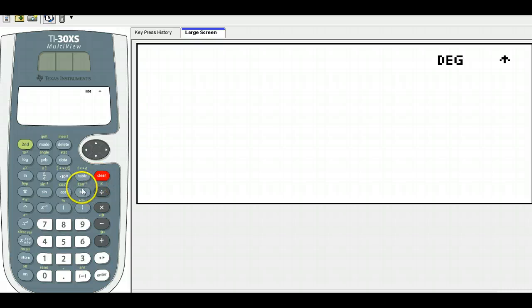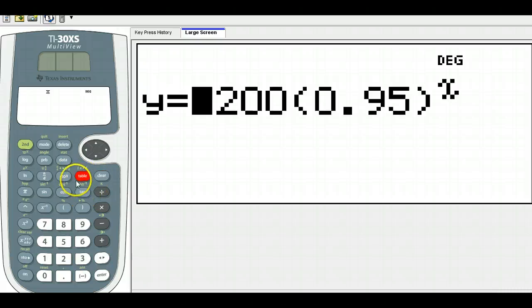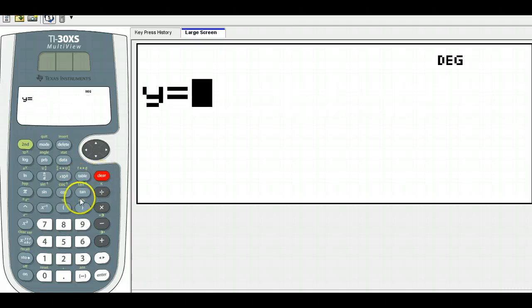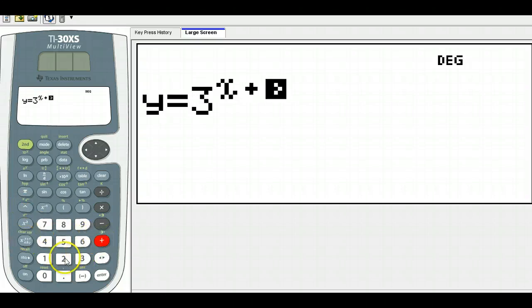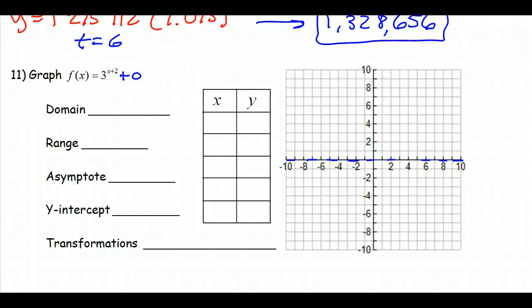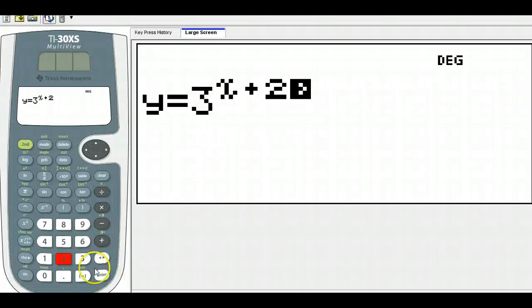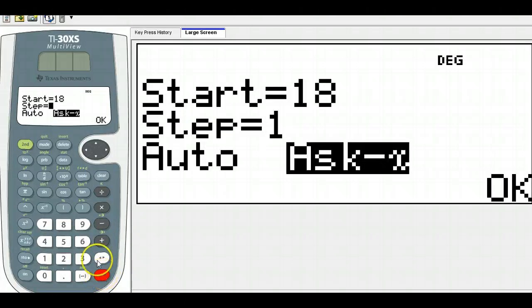All right. In the TI-30, we can just hit the table button. Let's clear this out. So this was 3 to the, all right, what did it say? Yes, 3 to the x plus 2 power. And I'm just going to hit enter a few times. Whoa, didn't mean to do that.